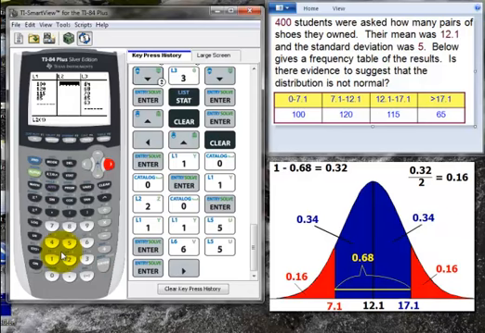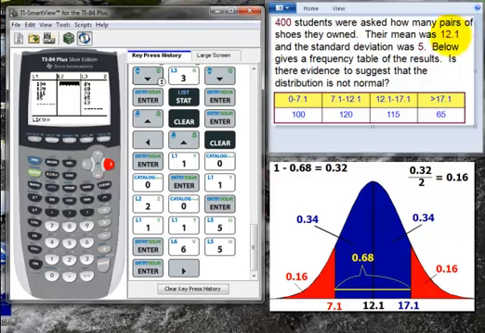Okay, L2 is a little tricky. Here's where we have to remember how the normal curve works. Notice that the mean is 12.1. The standard deviation is 5. So if we add the standard deviation to the mean, 5 plus 12.1, which just happens to be 17.1. This was not some weird number I threw in.